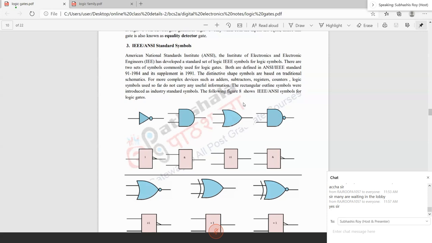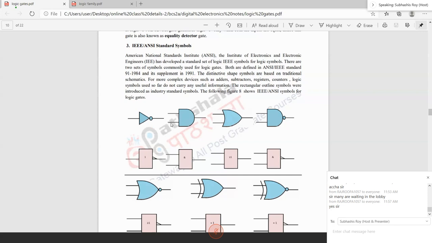In that case, we have seen that we can represent not only numeric values, but also uppercase alphabets, lowercase alphabets, and different symbols using ASCII notation. Similar to that, the American National Standards Institute, ANSI, has provided notations for the gates.